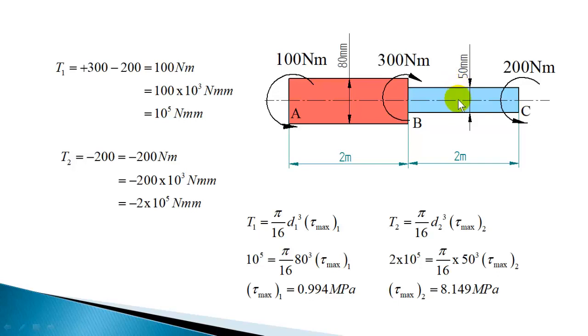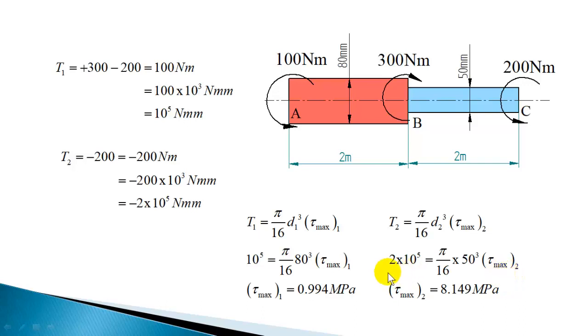Now when you take the second section, T2 is equal to pi by 16 d2 cube into tau max of the second section. Now T2 is 2 into 10 raised to 5. I am not putting the minus sign here because the minus sign doesn't have any significance while finding the maximum shear stress.